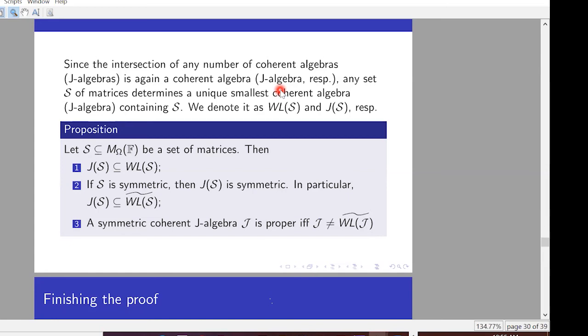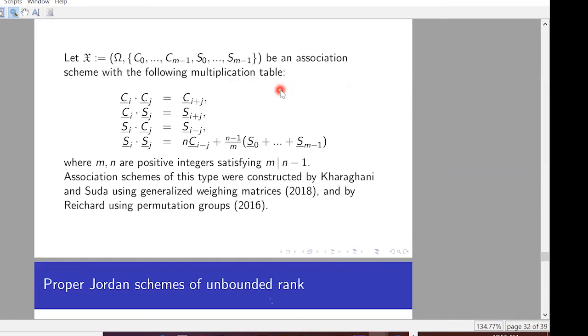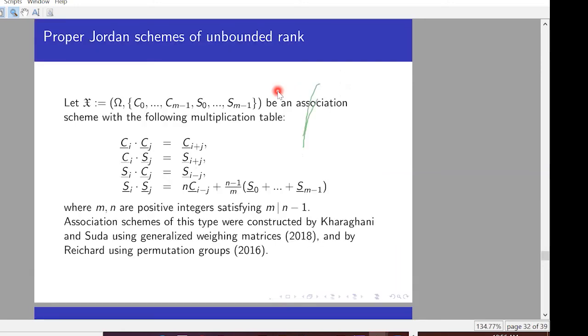You take its Weisfeiler-Leman closure and take the symmetrization. If you get something bigger than your original symmetric Jordan algebra, then your Jordan algebra is proper. Now, since I don't have much time, I'm not showing the proof. This is the first example of an infinite series.